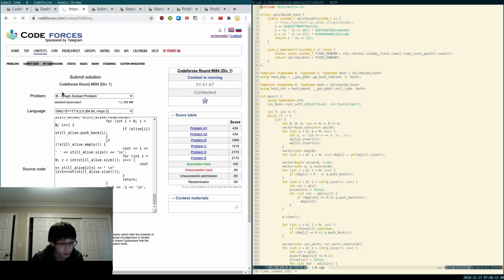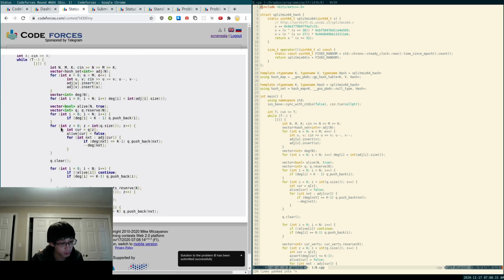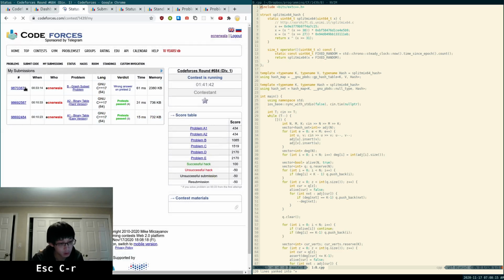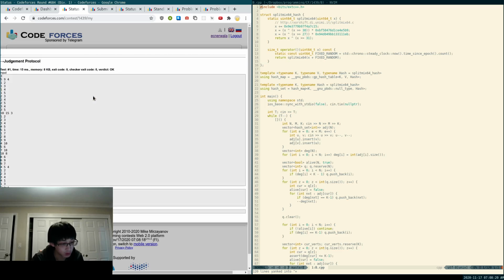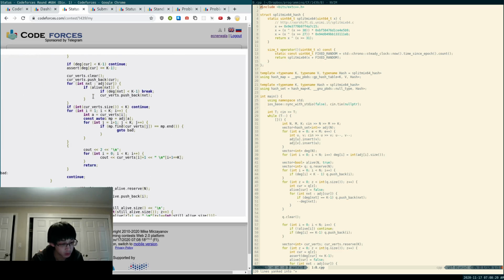This is n squared root n. Should pass without a problem, I think. But, oof, wrong answer? That's no good.